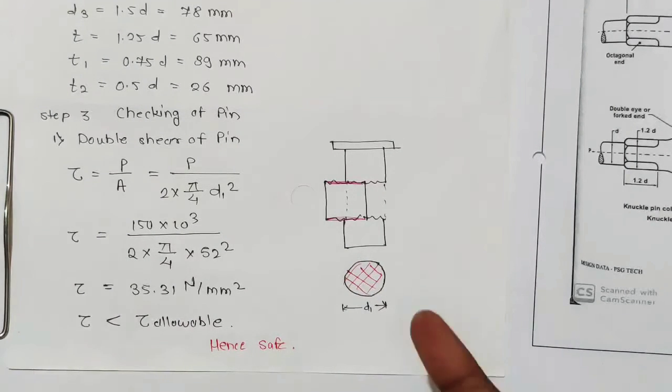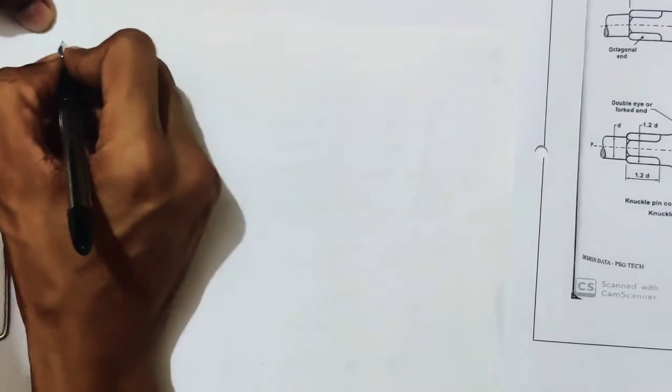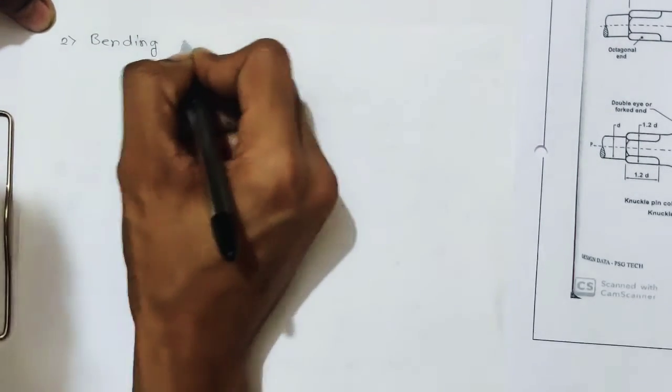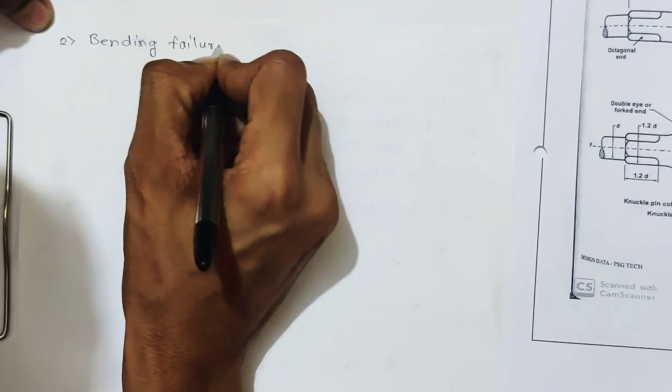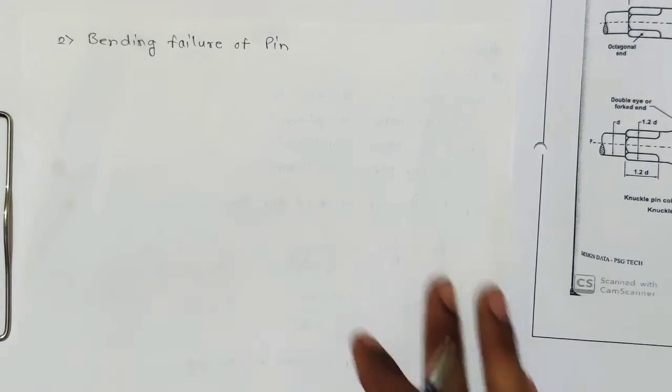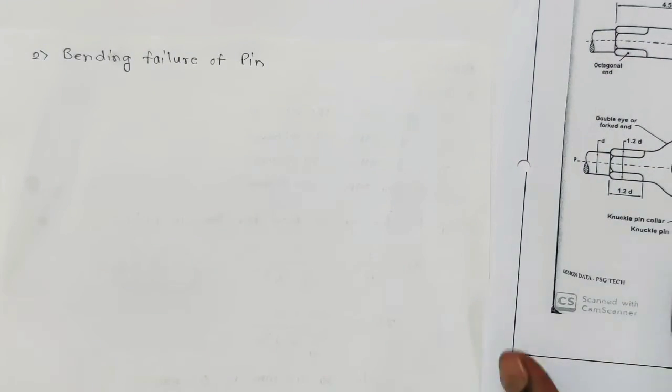Okay, so we'll move to the second, that is bending failure of pin. Now how is it going to bend?